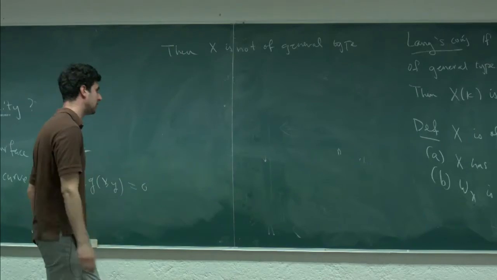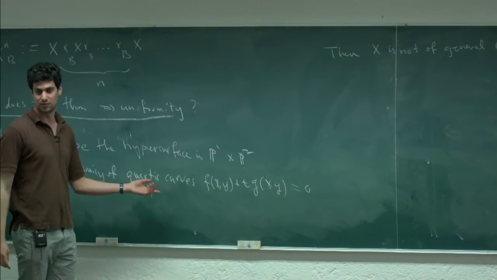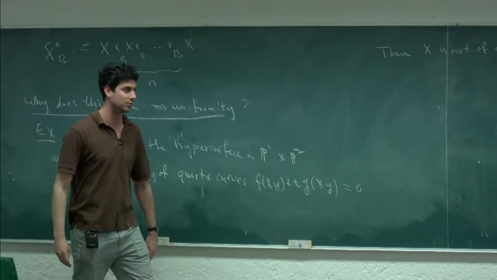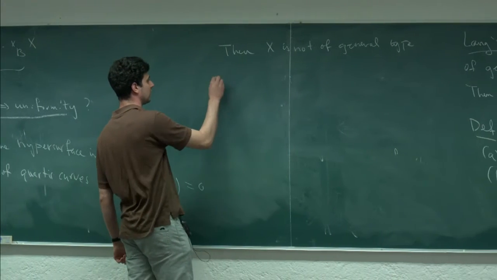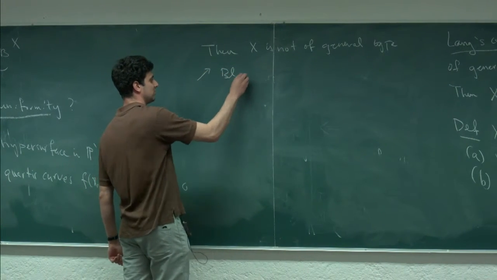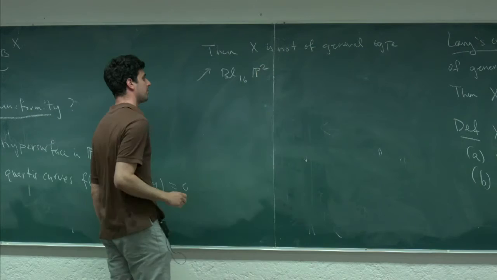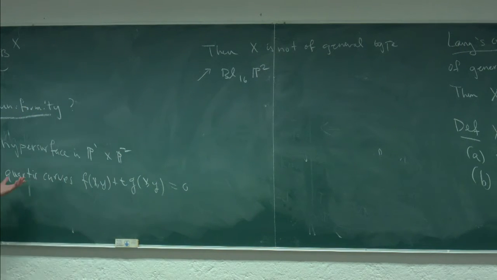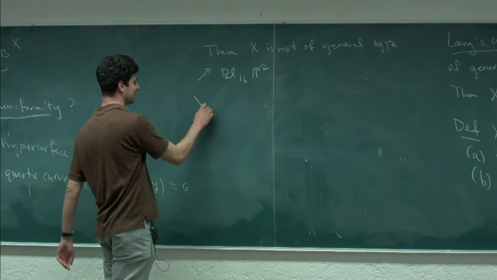And you could see this in two ways. One, you could see that it's rational because it's the blow-up of P2 at the 16 base points of this family. Alternatively, we can compute the canonical bundle using adjunction. And this is going to be important for later, so let's do it anyway.